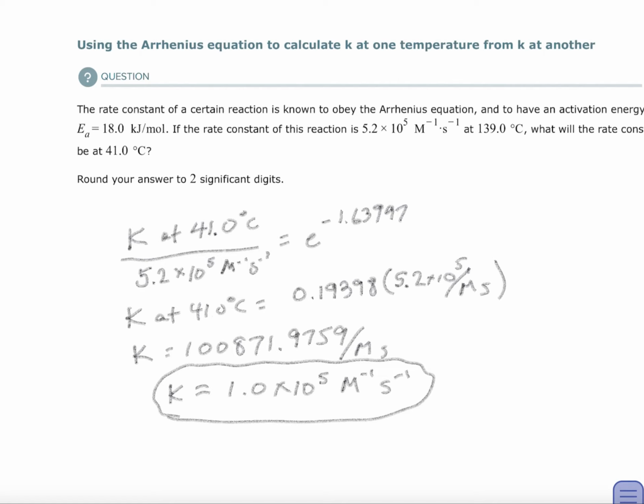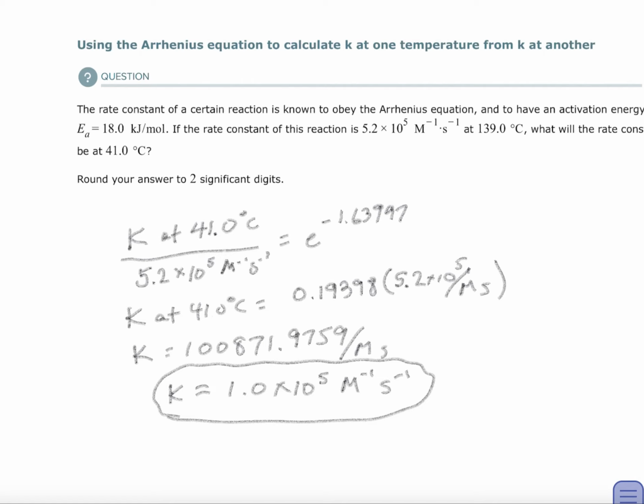I just put negative 1.3997 in for e to the x, so just hit the e to the x button, which is usually a second function ln button, times my 5.2 times 10 to the 5, and solved for k. And I ended up with 100871.